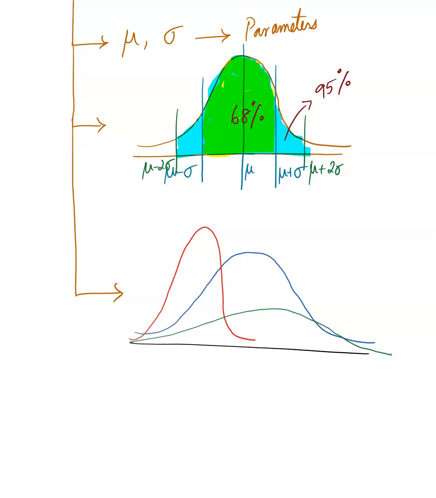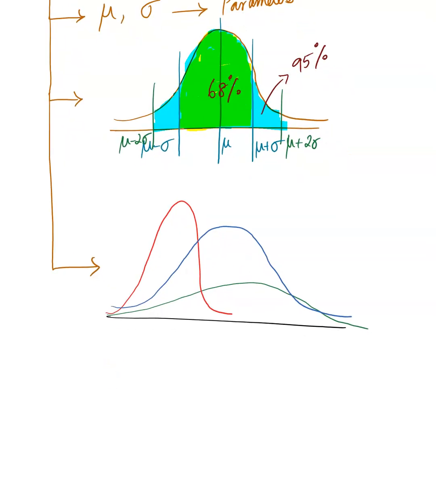You have 3 graphs, and what you notice is, for graphs that have more spread, they will be short and flat because they're spread out. Okay? So among the 3, which one is the shortest and the flattest? Of course, it's the green, right?